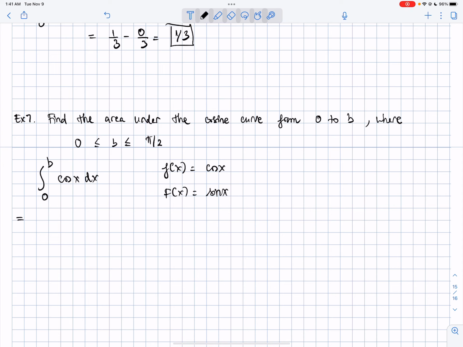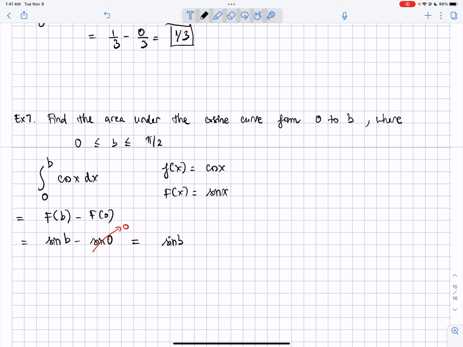Now we apply the fundamental theorem of calculus. So we will get F of b minus F of 0. So we will have sine of b minus sine of 0. Sine of 0 is 0. So we will get sine of b.